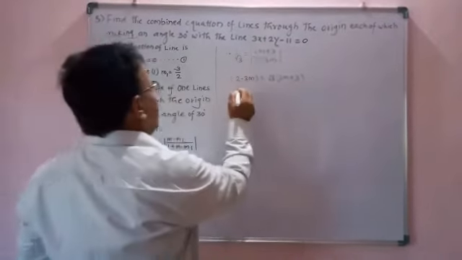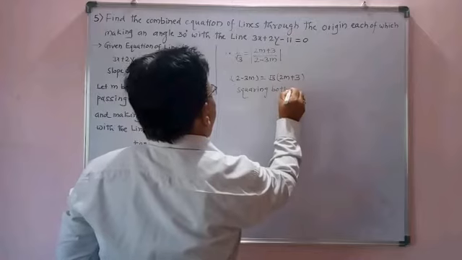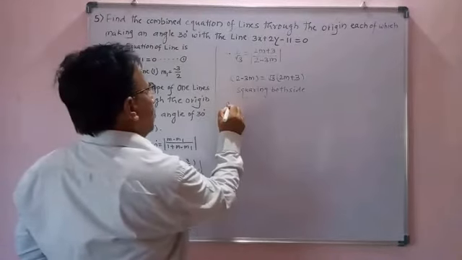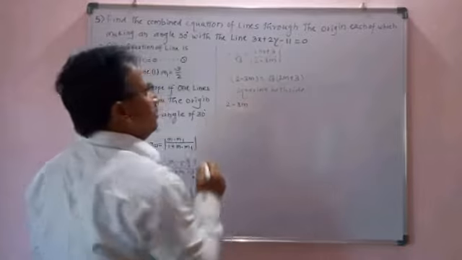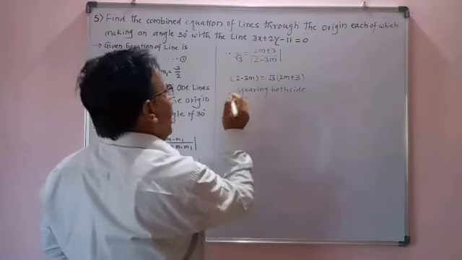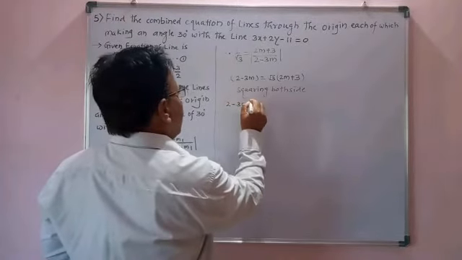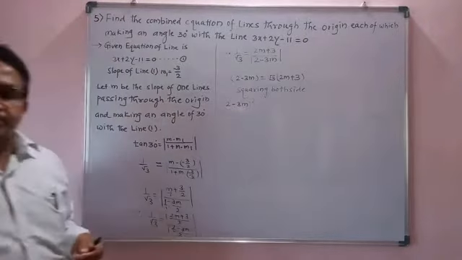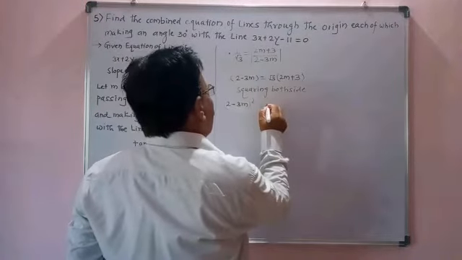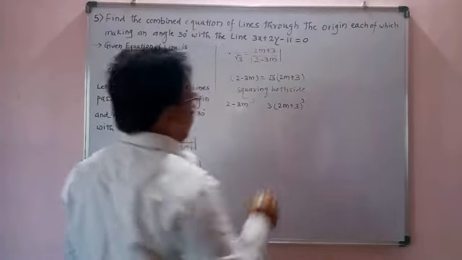Squaring both sides. 1 square is 1, and 2 minus 3m bracket square equals, root 3 square is 3, into 2m plus 3 bracket square.